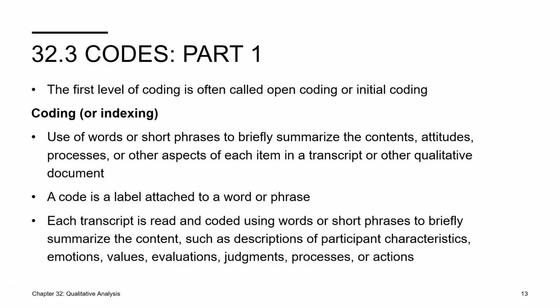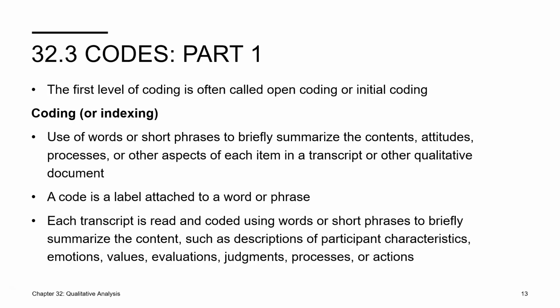So looking at code, a code is similar to the data management process within a quantitative study. So coding or indexing is the use of words or short phrases to briefly summarize the content, attitudes, processes, or other aspects of items that are transcribed within a qualitative document.